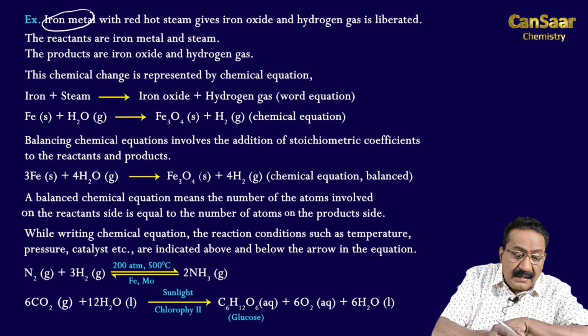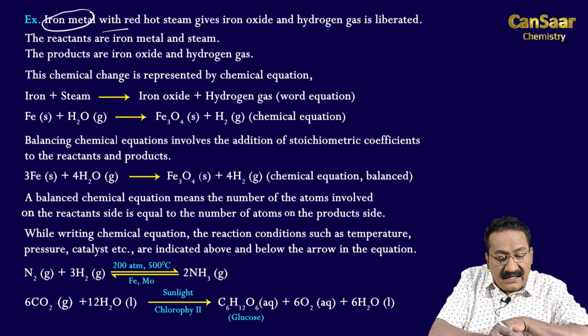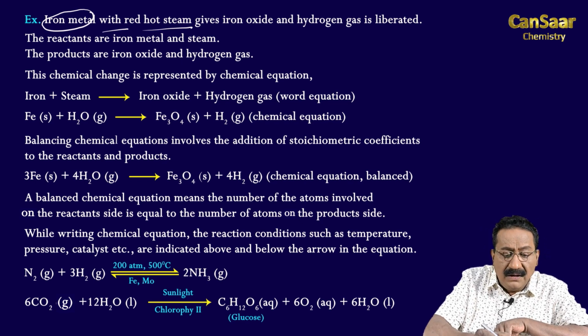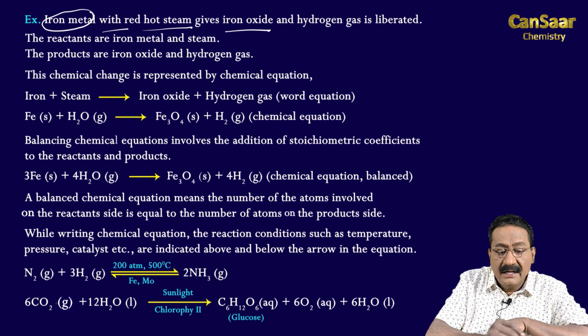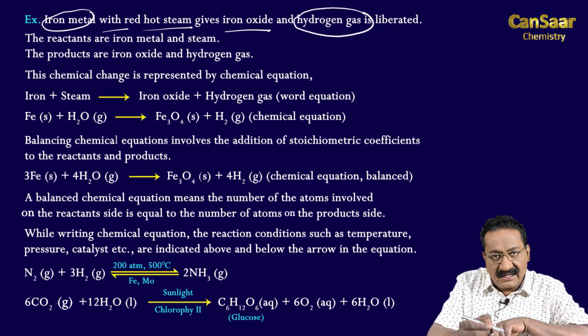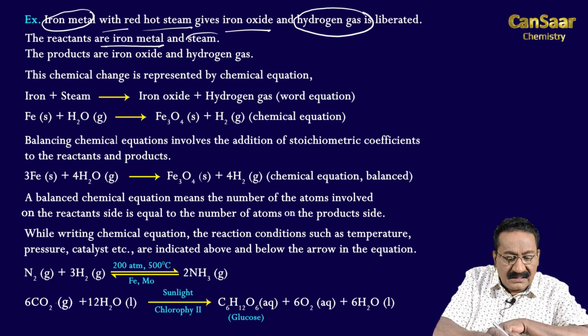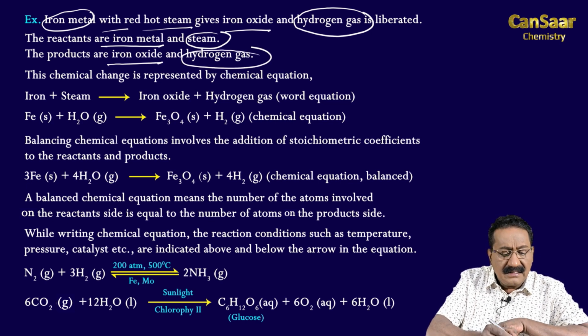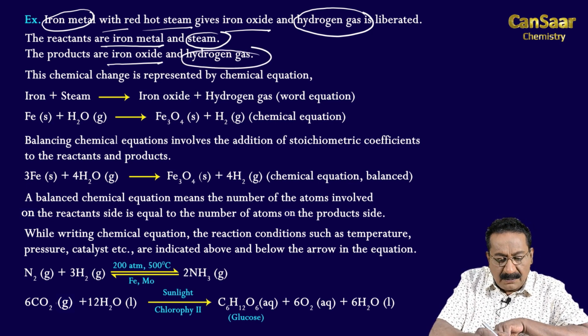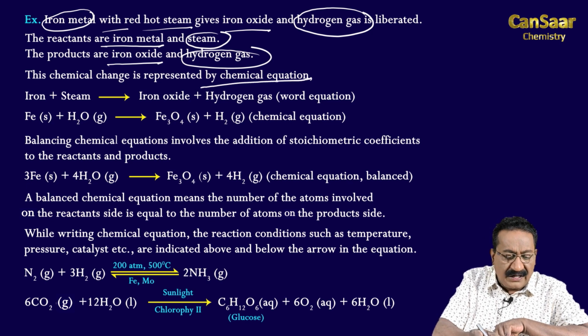Iron metal reacts with red hot steam and gives iron oxide. Hydrogen gas is liberated. In this reaction, reactants are iron metal and steam, and the products are iron oxide and hydrogen gas. This chemical change is represented by chemical equation.